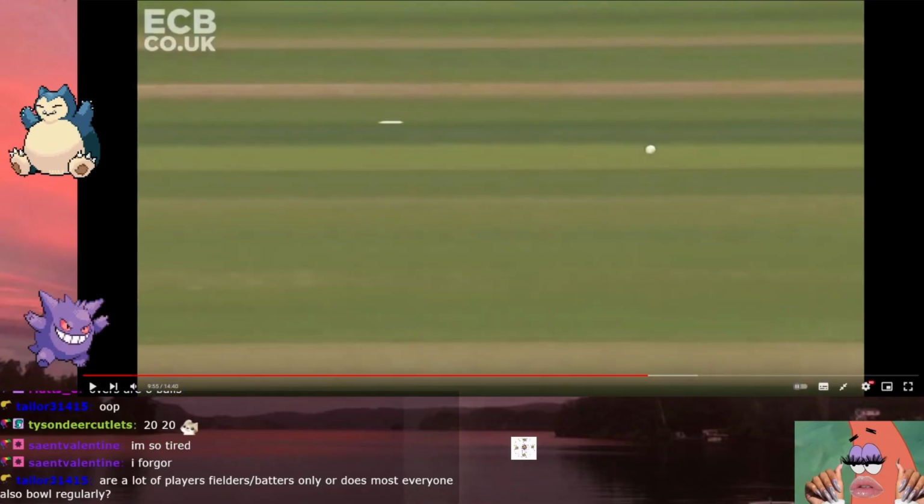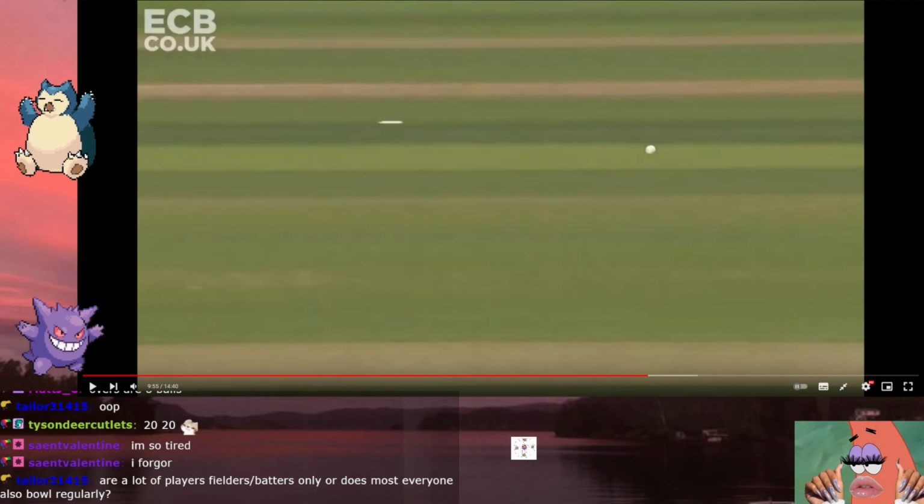Are a lot of players fielders or batters only, or does most everyone also bowl regularly? So the breakdown of a cricket team is relatively fluid, and it's going to depend on the resources that you have available to you as a team. In general, you will want at least 5 people who are dedicated batsmen. Their job is to score you runs. And then you will need some people who will be considered all-rounders in some way.